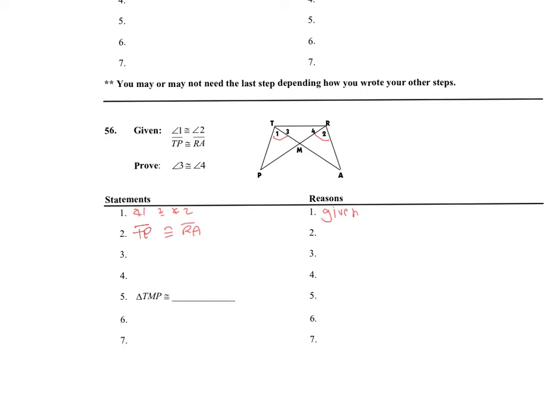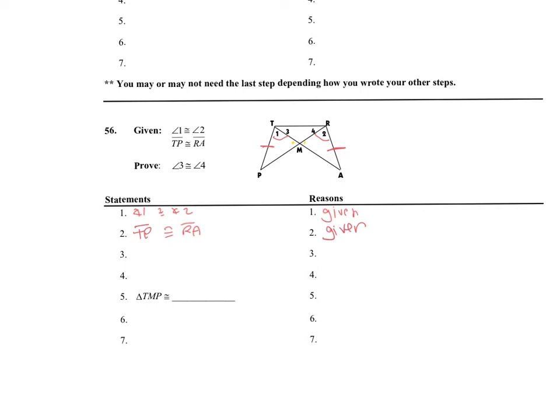And that was given also, so I'm going to mark that off. I can't really draw anything from that, but what I can say is that if I look here, I see that I have vertical angles.